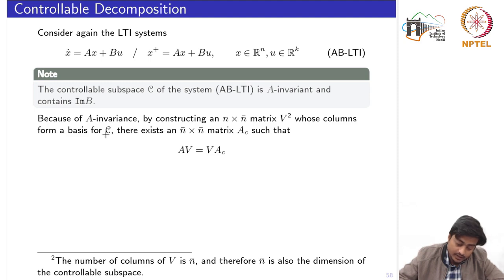This is in fact one of the first properties of any linear subspace being A invariant, or any matrix invariant. Here it's A. So there exists an n bar cross n bar matrix A_C such that this equation is satisfied. Okay, AV is equal to V into A_C.